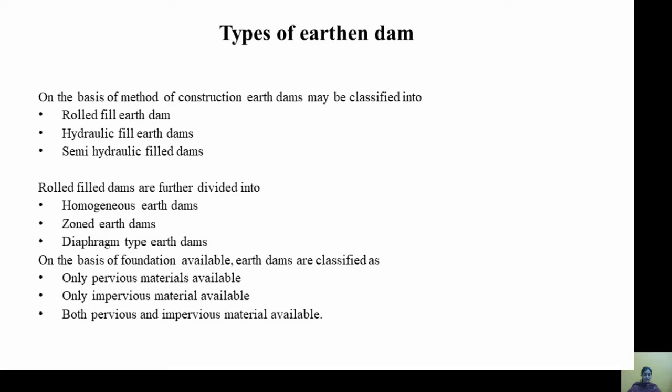Roll-filled earth dams are further divided into homogeneous earth dams, zoned earth dams, and diaphragm type earth dams. On the basis of foundation available, earth dams are classified as only pervious material available, only impervious material available, and both pervious and impervious material available.